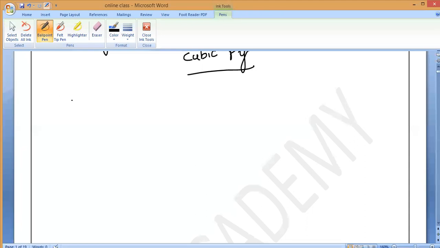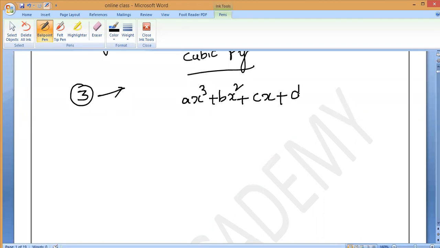Yes, a polynomial of degree 3 is called a cubic polynomial. What is the general form of a cubic polynomial? ax cube plus bx square plus cx plus d.